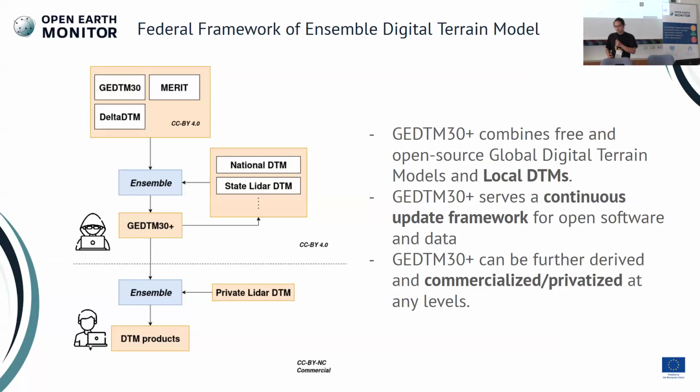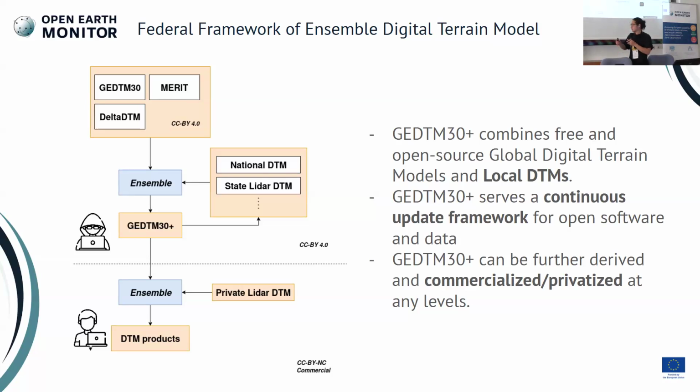So basically, the idea is to use all of the global digital terrain models which are open source, and add different places with not the full global coverage data from, for example, national or state LiDAR DTM, to create an easy ensemble way of GDTM, and we call it GDTM plus. So it's not updating every pixel of the GDTM 30, but some of the coverage will be updated.